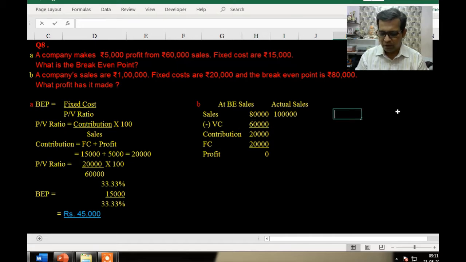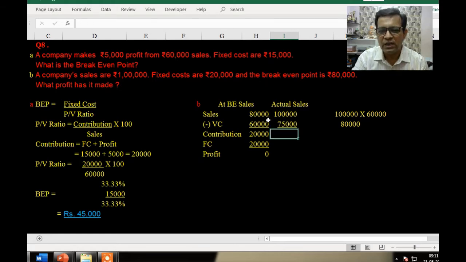So it would look like 100,000 multiplied by 60,000, which is then to be divided by 80,000. If we do this calculation, you would realize that the answer is 75,000.